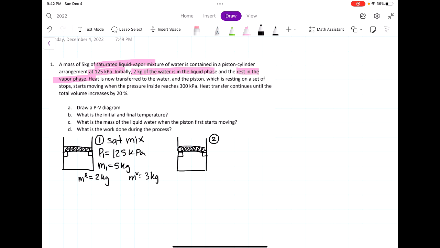It's not quite moving yet, but it's about to, right before it starts moving. So in this state, the pressure is 300 kilopascals because that's when it starts moving. So P2 is 300 kilopascals.